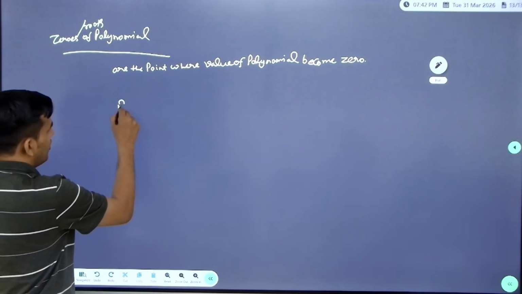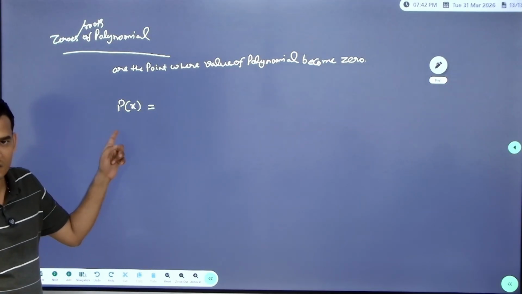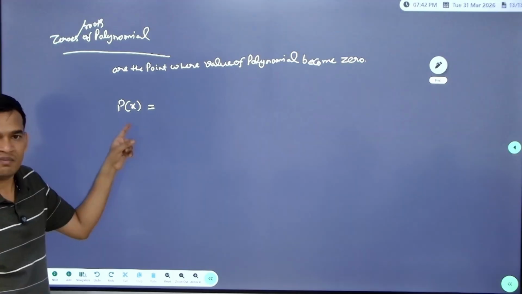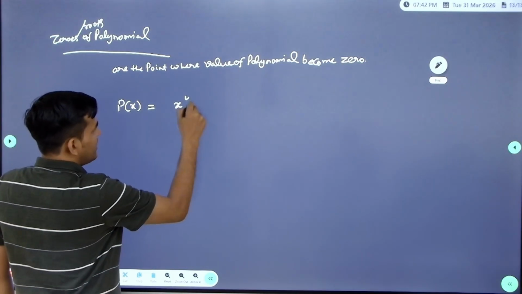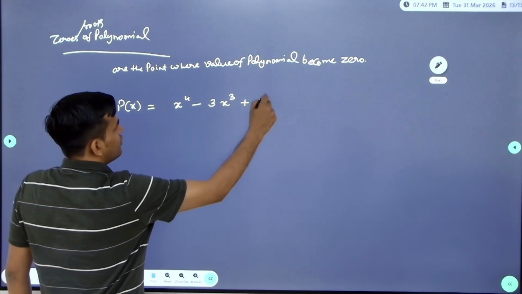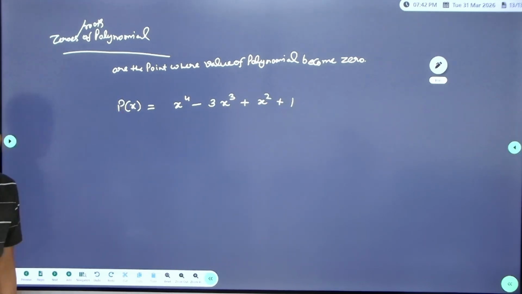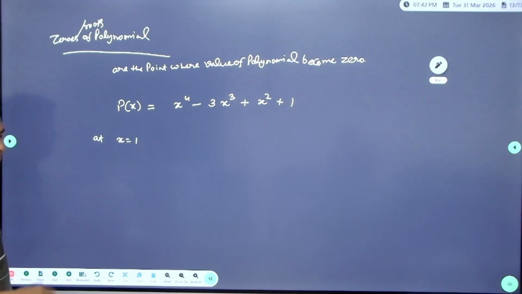Suppose I take this polynomial P(x), a polynomial in x. P(x) is equal to x to the power 4 minus 3x cube plus x square plus 1. Now if you check at x equal to 1, what will be the value of this polynomial?